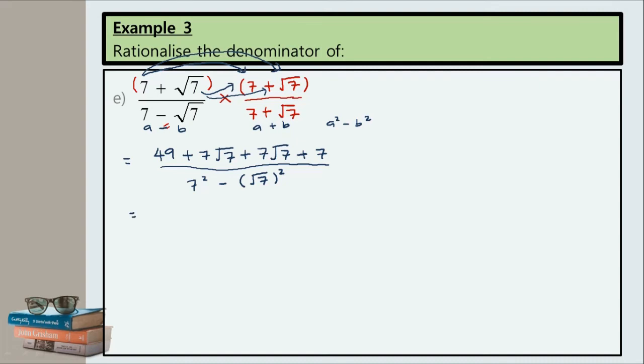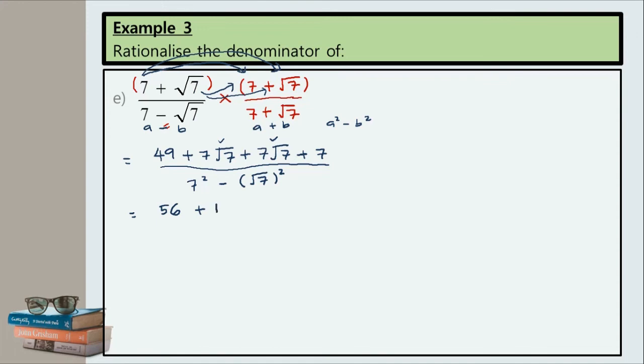And then we need to simplify. 49 plus 7, 56 plus 7 surd 7 and 7 plus 7 surd 7.